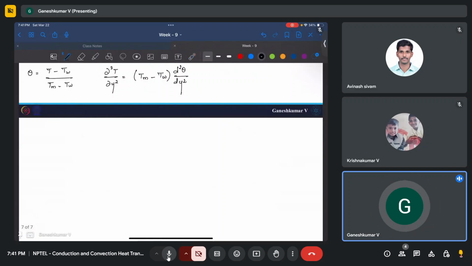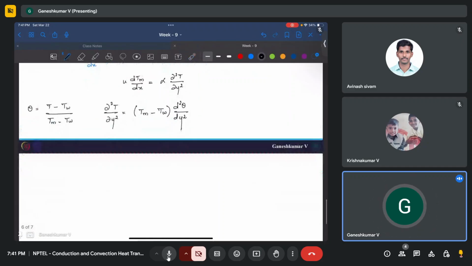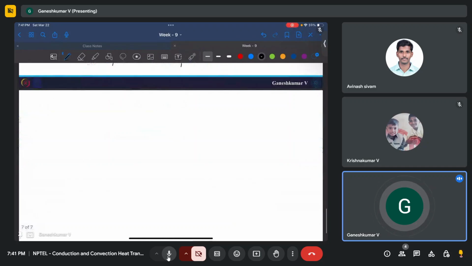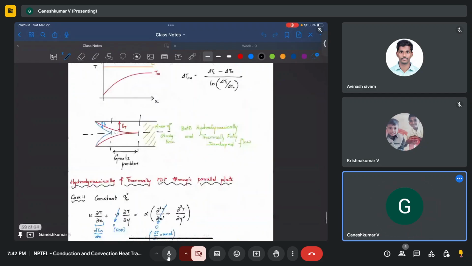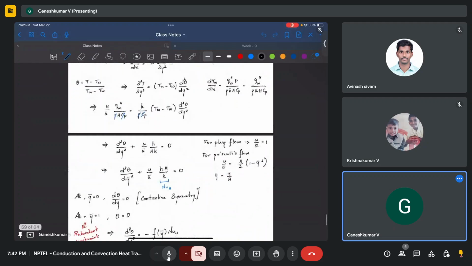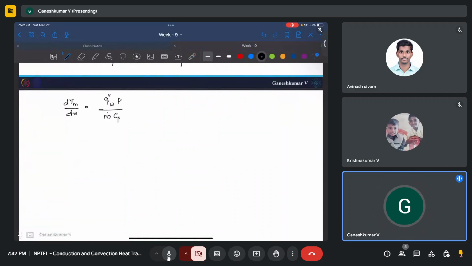Okay, now the right hand side is taken care of. For the left hand side, dTm by dx is constant, and we can write this as constant wall heat flux times perimeter divided by m dot into Cp. I think this also we simplified a bit. So we took that the width is very much greater than the distance between the two plates.